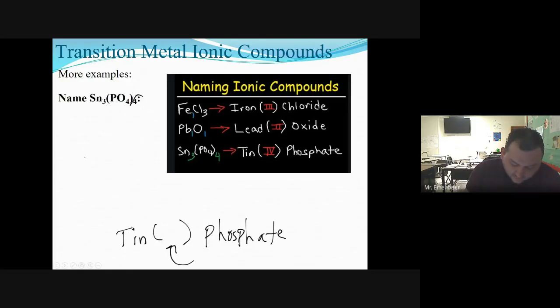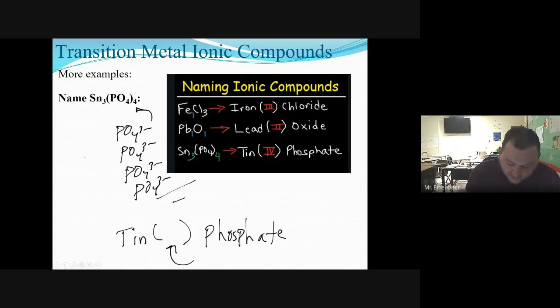I have 4 phosphates. Everybody see the 4 there? So I got 4 phosphates, each of -3. Holy crap, that's a lot of a negative charge. That's 1, 2, 3, 4, 5, 6, 7, 8, 9, 10, 11, 12. That is a -12. So the total negative charge is -12.